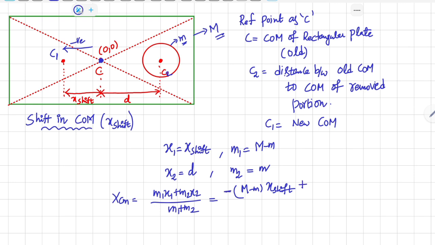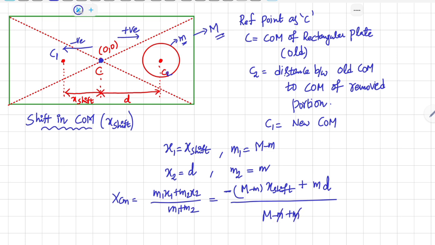Plus, what is m2? m2 is small m multiplied with x2, which is d. This is a positive distance because it is to the right side of the origin. Divided by the total mass. What is the total mass? m1 is capital M minus small m, m2 is small m, therefore these two cancel out, and you will get capital M.